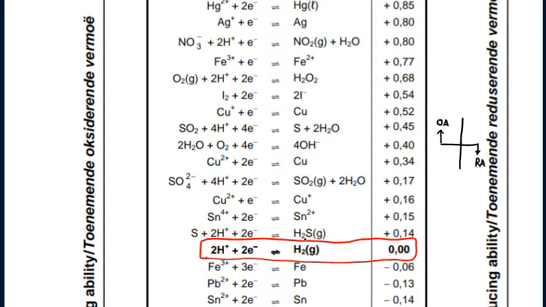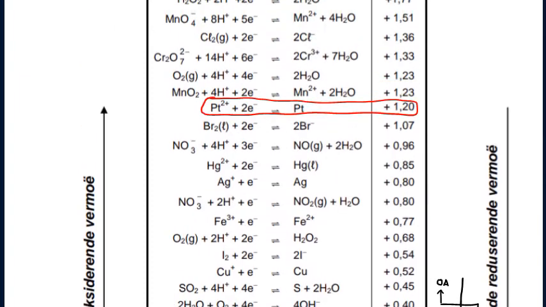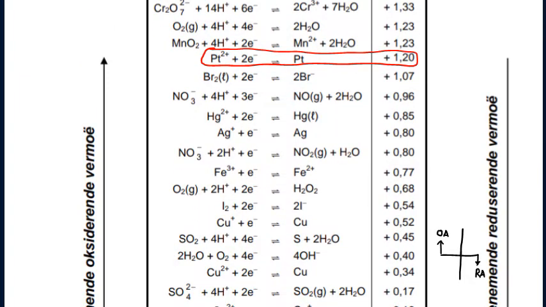So if you compare the reduction half reaction of hydrogen and that of platinum, then you will see that platinum 2 plus ions are stronger oxidizing agents, because it's higher up on this table, whereas the platinum would be a weaker reducing agent.